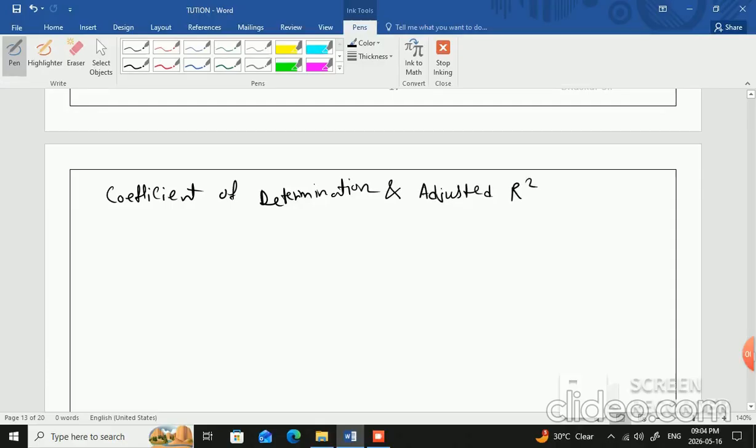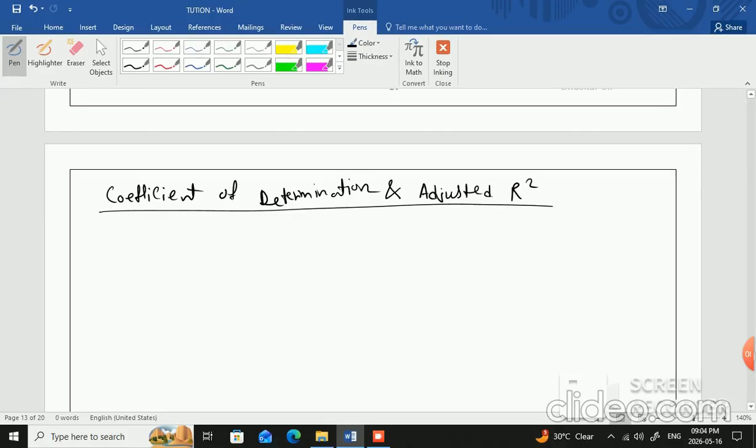Coefficient of determination and adjusted R square. Coefficient of determination, here discuss coefficient of determination denoted by R square.